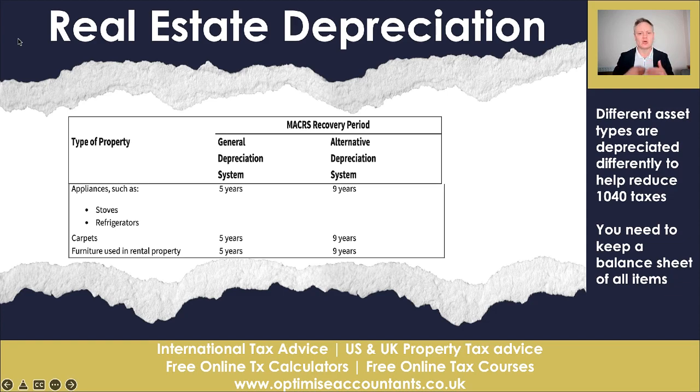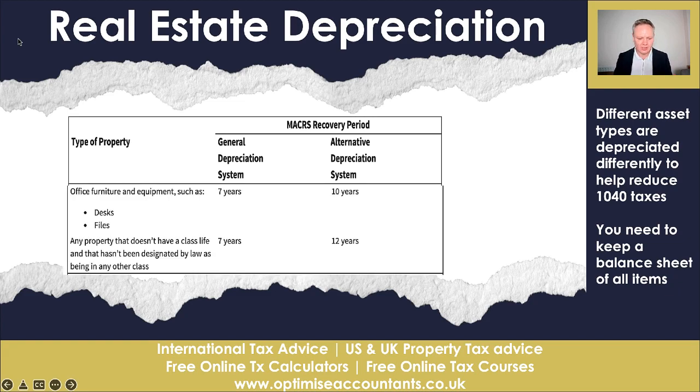So you're getting a quicker accelerated cost deduction against your 1040 tax return income. Carpets, furniture, etc. are all 9 years as well. Office furniture and equipment, though, is slightly different, with an ADS depreciation lifespan of 10 years. So you would divide the asset cost over 10 years and put that into use. Any other property class is 12 years.